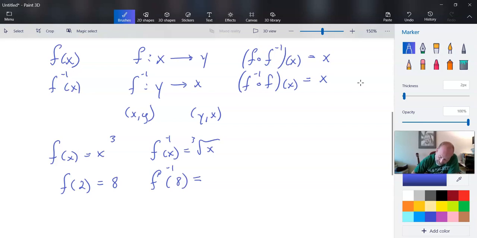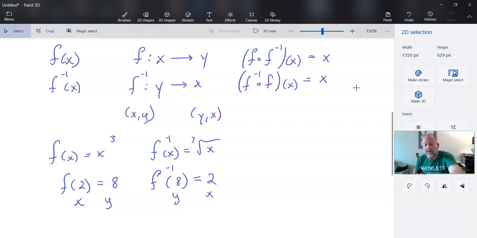And the cube root of 8 asks, notice you're asking the question in reverse, what times itself 3 times will give me 8? And so that would get me back to a 2. So again, the function took an x to a y, and the inverse took that y value back to the x value. Okay, so I want you to remember that first of all.